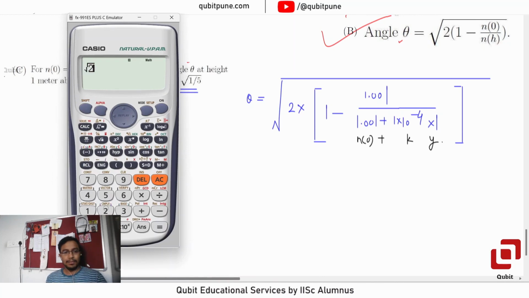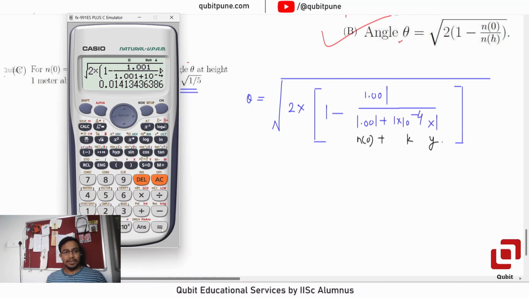Root of 2 into bracket 1 minus fraction 1.001 in the denominator 1.001 plus 1 into 10 raised to negative 4. So what is that answer?